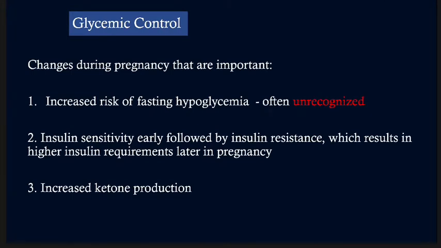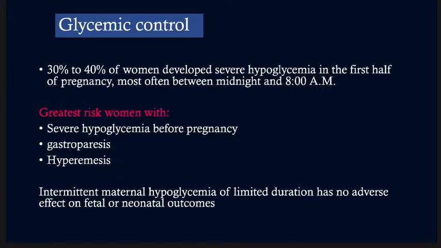So as I said before, it's very important to remember the increased risk of fasting hypoglycemia, which is often unrecognized, and insulin resistance, which happens later on in pregnancy, which puts the patient at risk of increased ketone production, ketosis, ketoacidemia, and so on and so on.